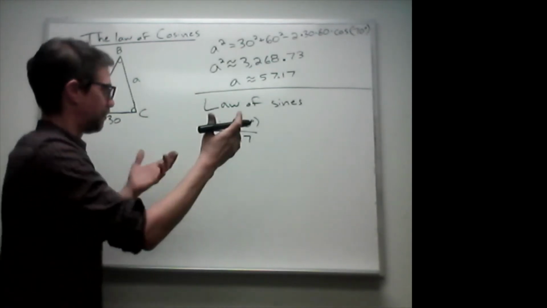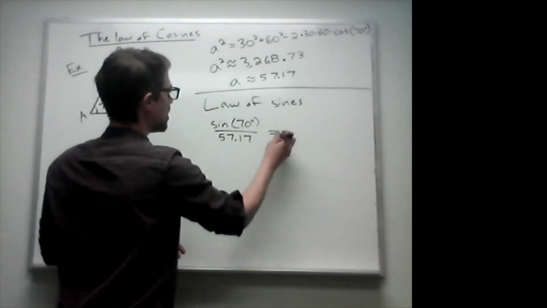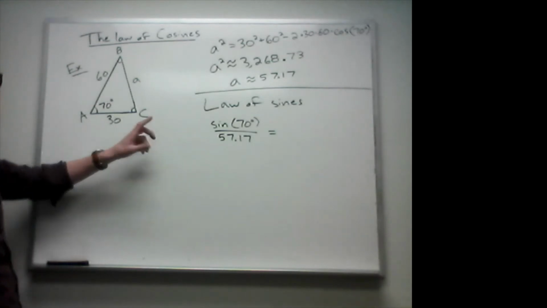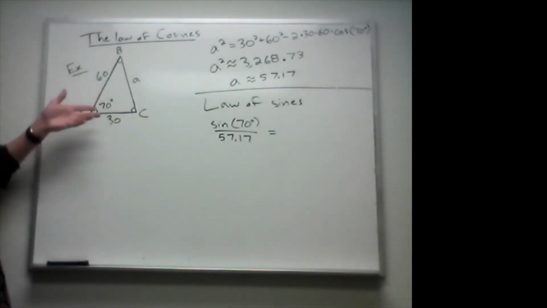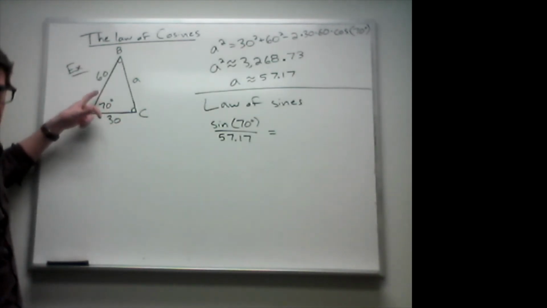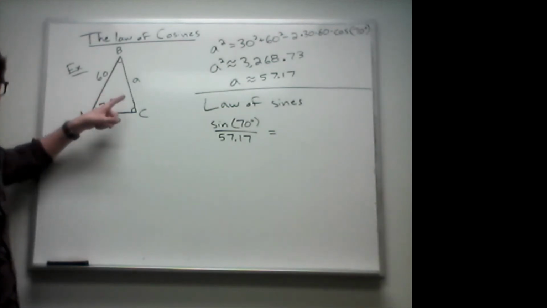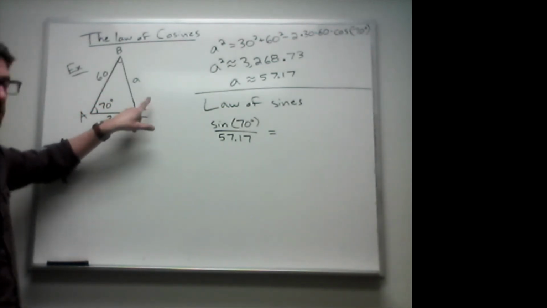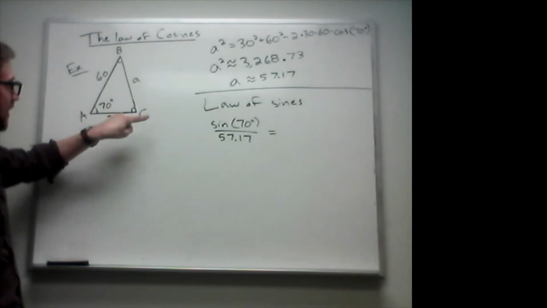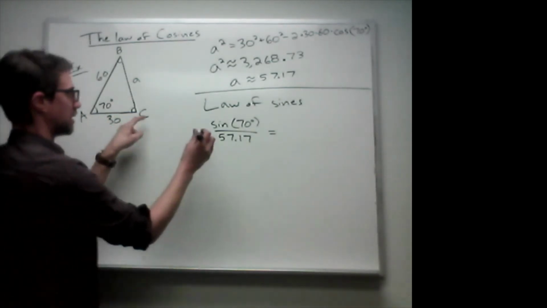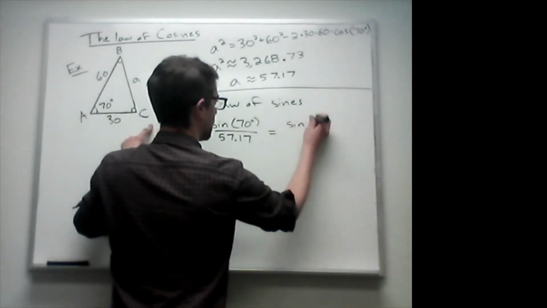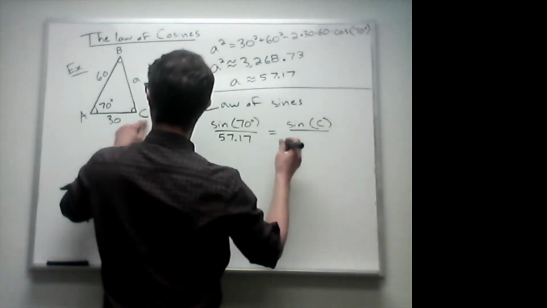We're kind of getting to the point where it's close enough. So we have that ratio, and then it doesn't matter which angle we find first. Let's do angle C. So the sine of 70 over 57.17 has to equal the sine of angle C over 60.